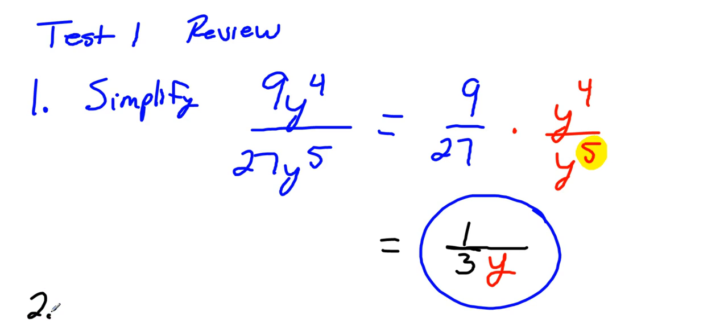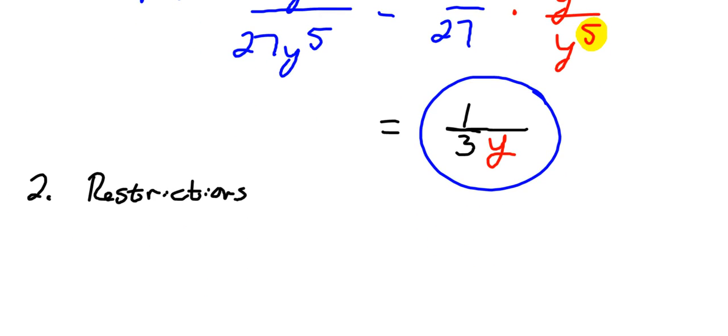All right, number 2. This one asks you for the restrictions, or I think it says find all excluded values. So find the restrictions or find the excluded values, whichever way it asks for it here.